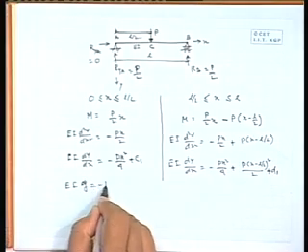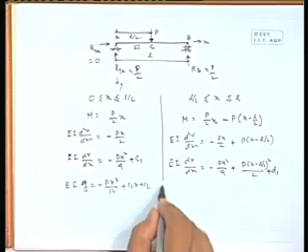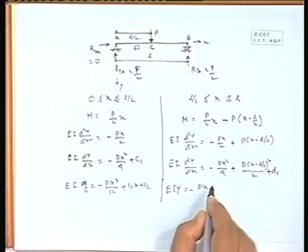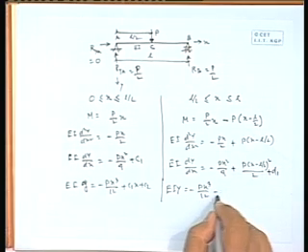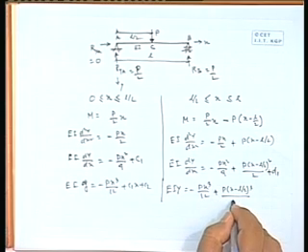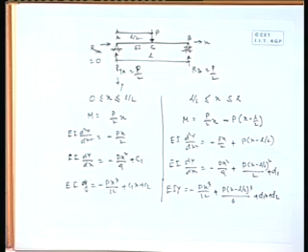Again if we integrate, it will be E I into y equal to minus P x cube divided by 12 plus C1 x plus C2, and here it will be minus P x cube by 12 plus P into x minus L by 2 whole cube by 6, plus D1 x plus D2.